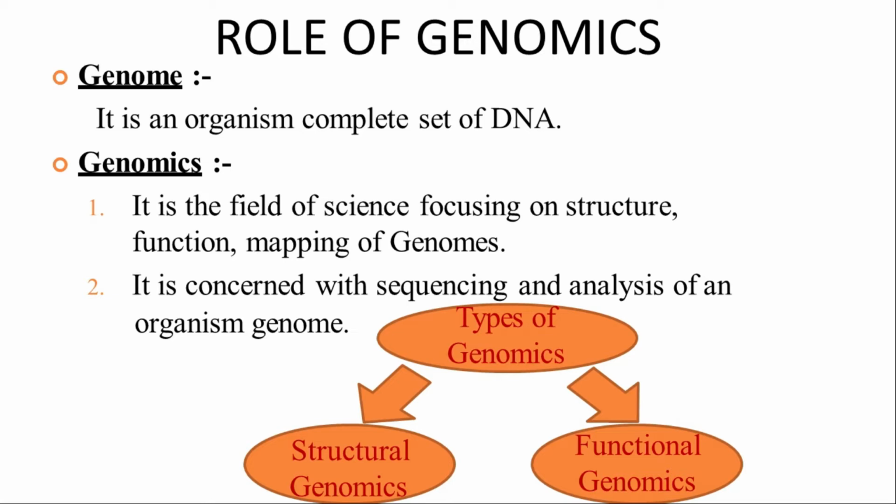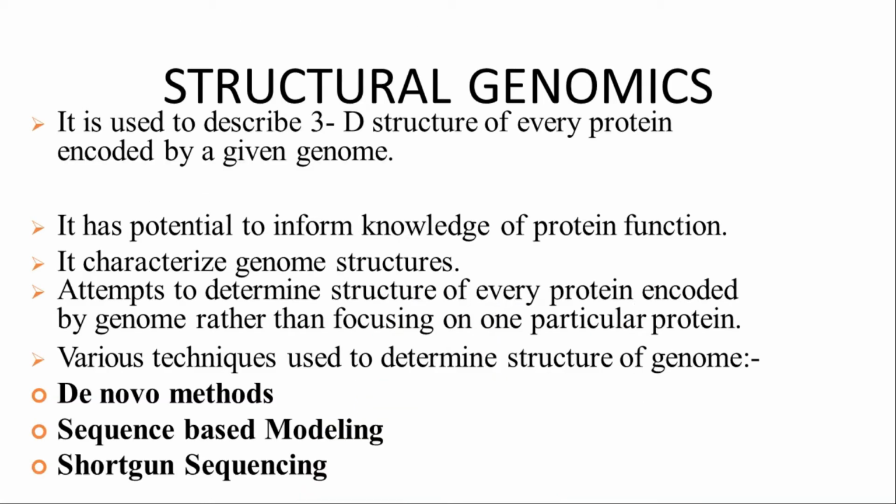There are two types of genomics. First is structural genomics and second is functional genomics. Now come to structural genomics. It is used to describe the 3D structure of every protein encoded by a given genome.